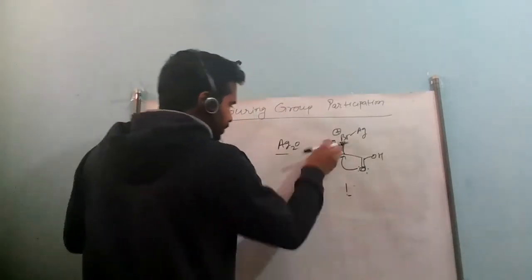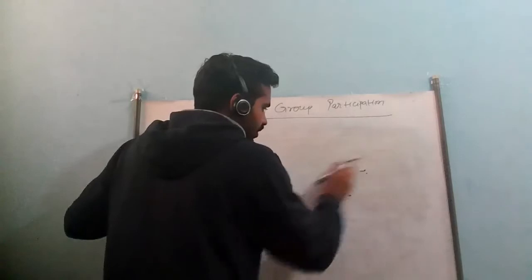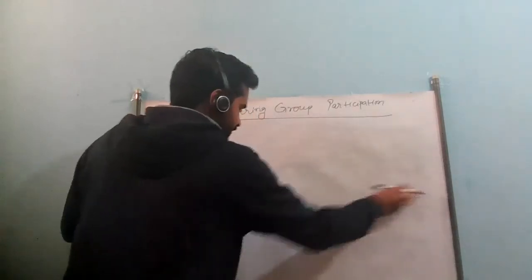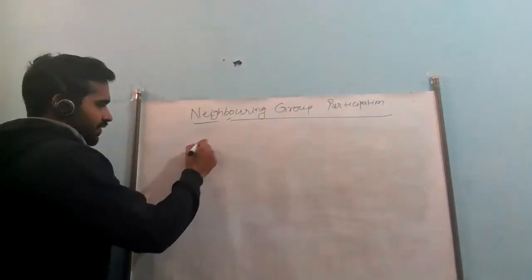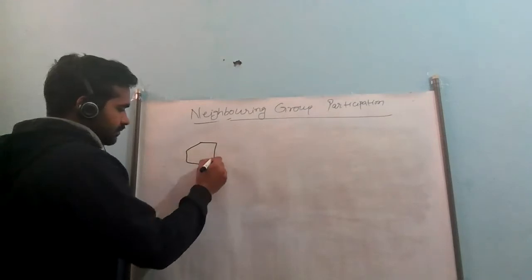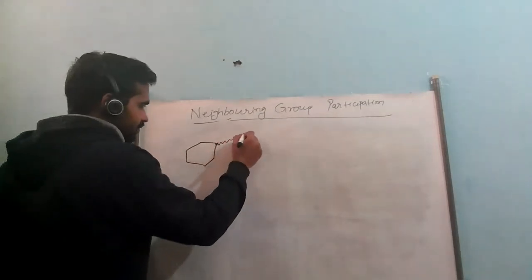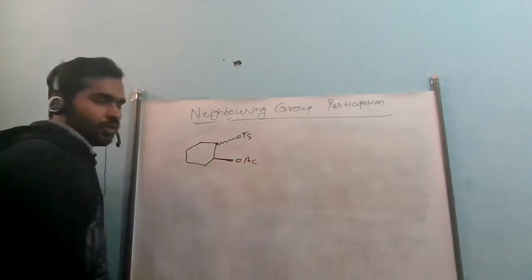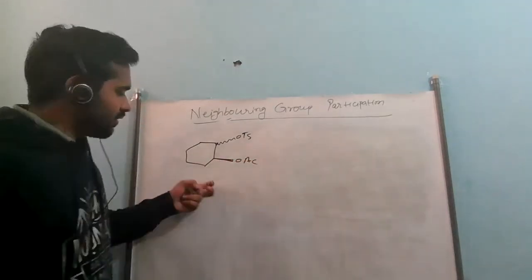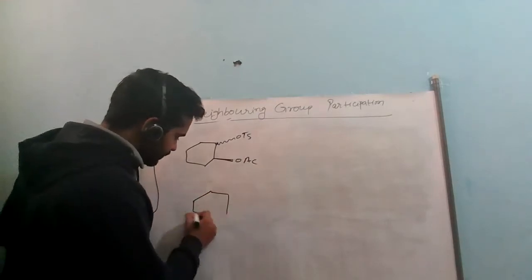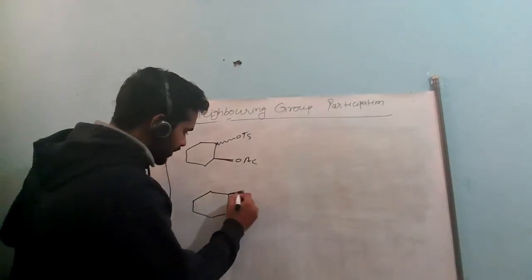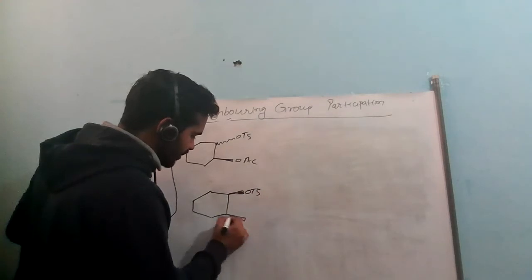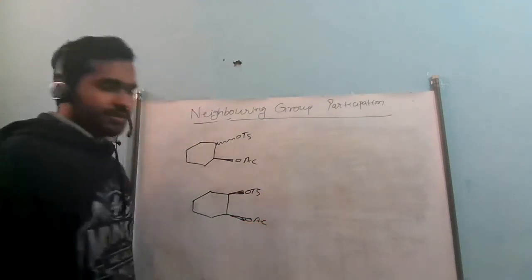Okay, now I will give some examples to you, and you have to solve in which reaction there is neighboring group participation and in which there is no neighboring group participation. See, suppose we have this one with OTs above the plane and OAc above the plane, and another one, cyclohexane with OTs above the plane and OAc above the plane, right?